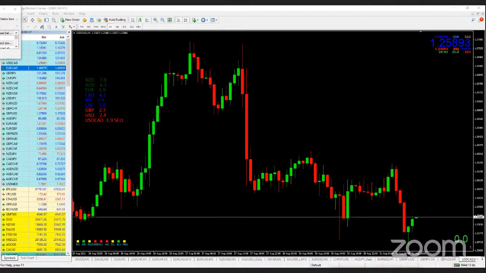Okay, so we'll also look at USD CHF as well. So when we're scalping on Thursday, we're going to be focusing on the major pairs, because with the major pairs you have low spreads. If you are scalping, you want to be trading pairs that have low spreads, so it doesn't take long to go into profits.